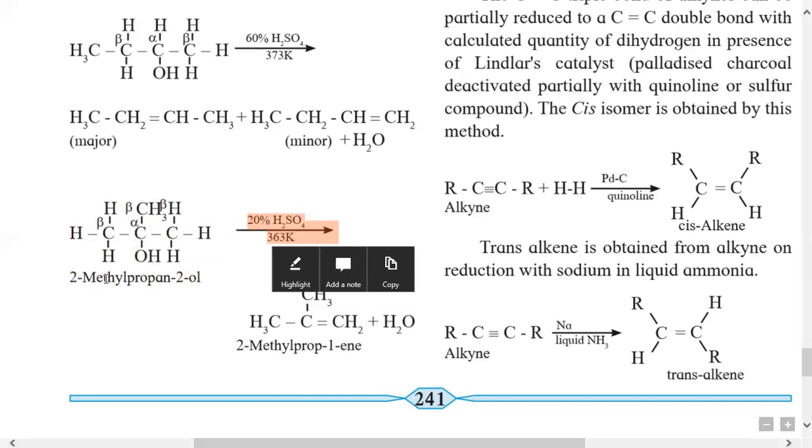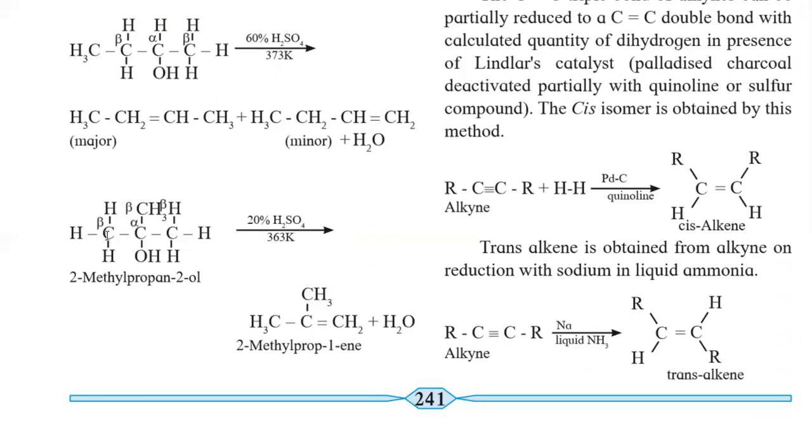So it is 363 Kelvin. Here we can remove any one hydrogen atom from any one beta carbon, which gives one and the same product, that is the alkene, which is 2-methylprop-1-ene.